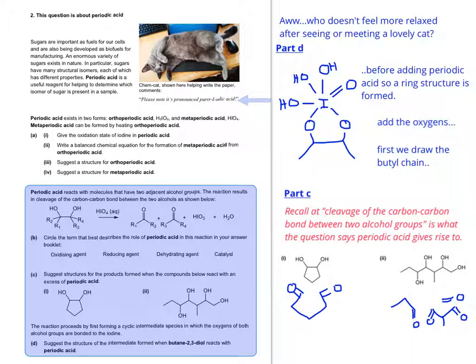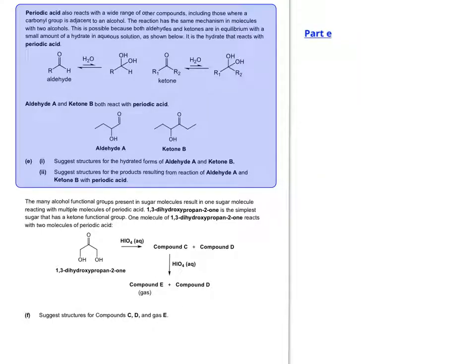So let's now move on to the next section. Here it says that periodic acid reacts with other compounds, including some where a carbonyl group is adjacent to an alcohol. And the reaction has the same mechanism as in molecules with 2 alcohols, because aldehydes and ketones are in equilibrium with a small amount of a hydrate in aqueous solution as shown below.